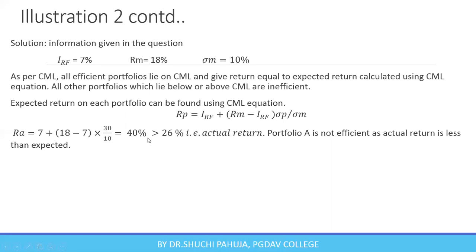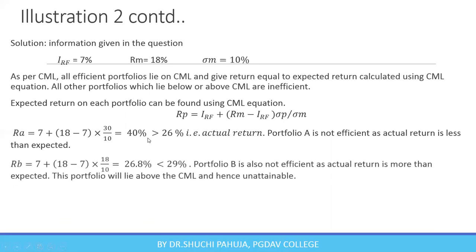This is inefficient portfolio. Portfolio B, as per CML equation, this is giving you 26.8%. Actual return is 29%. This is giving you more than the expected return, but this is also not efficient. Reason being, as per CML theory, this portfolio lies above CML. Hence, this is unattainable and inefficient.